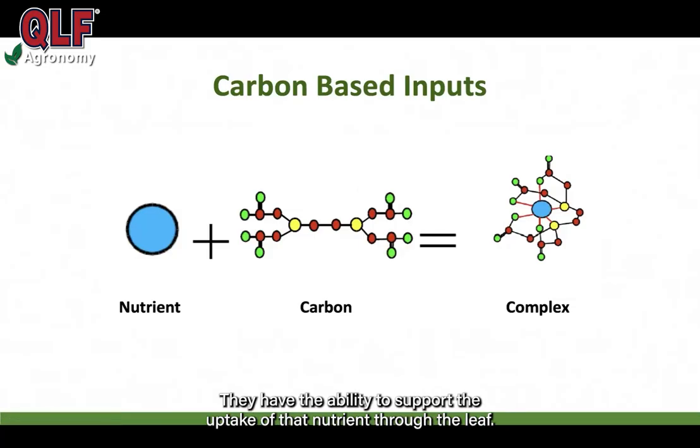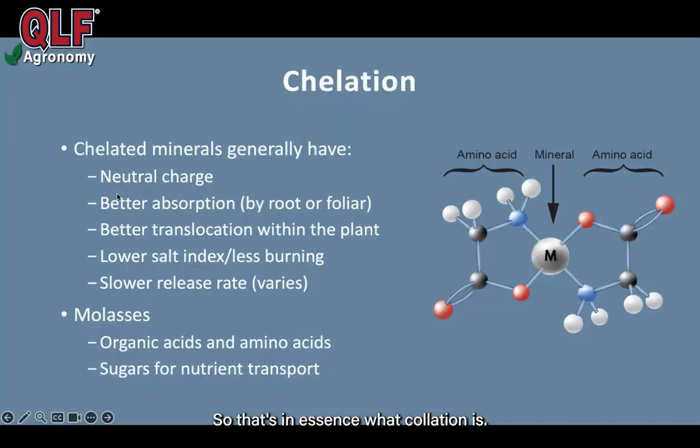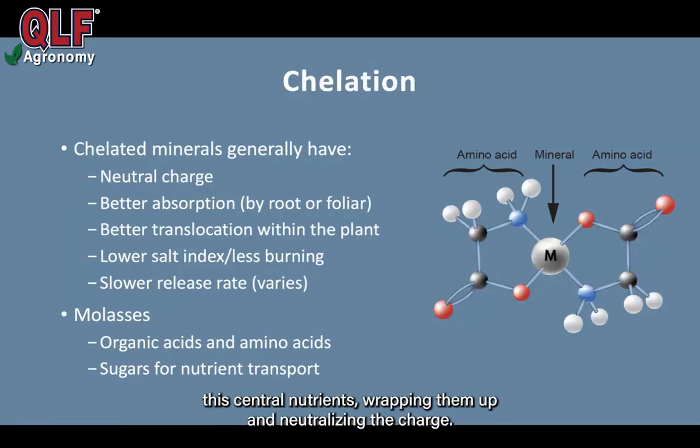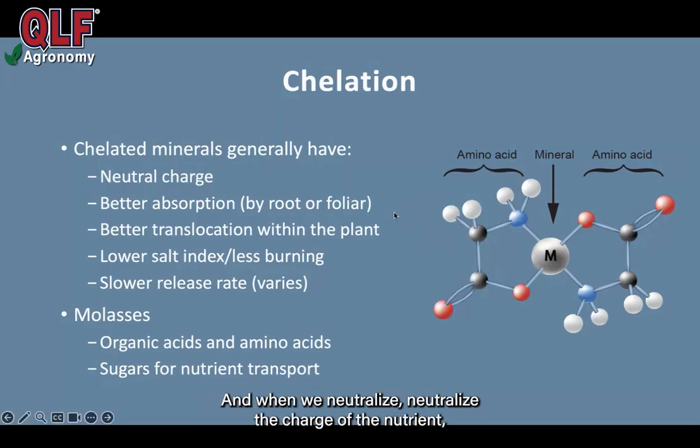They have the ability to support the uptake of that nutrient through the leaf. So we get better uptake of the nutrient through the leaf as compared to when it's in its pure salt form. So that's in essence what chelation is. It's really about binding to the nutrients, the essential nutrients, wrapping them up and neutralizing the charge. And when we neutralize the charge of the nutrient, that's what helps to support the uptake through the leaf.